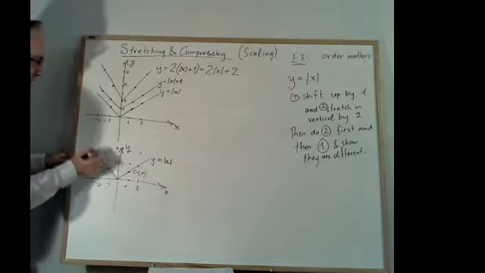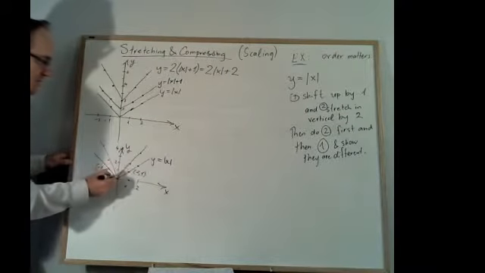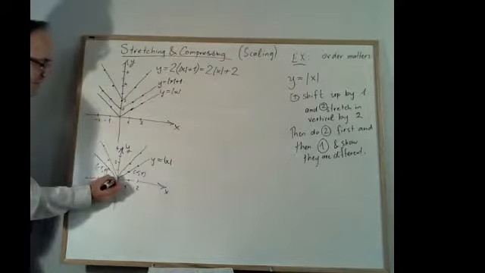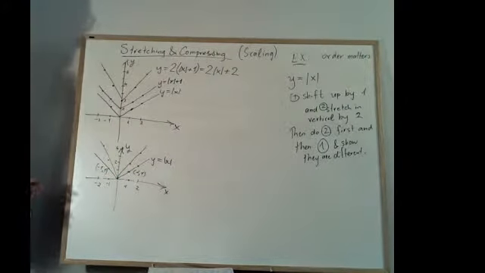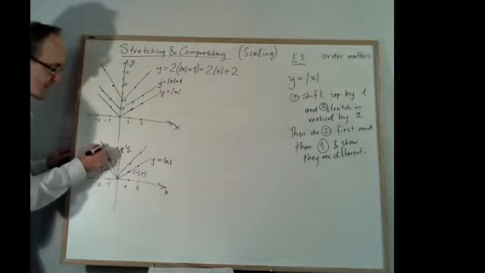So the graph looks like this. Okay, so that's the first thing. So the vertex is still going through the origin. This point is on the graph.